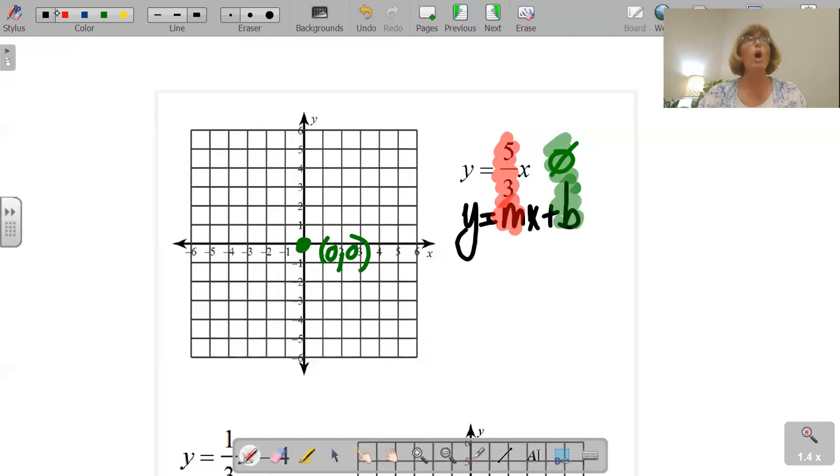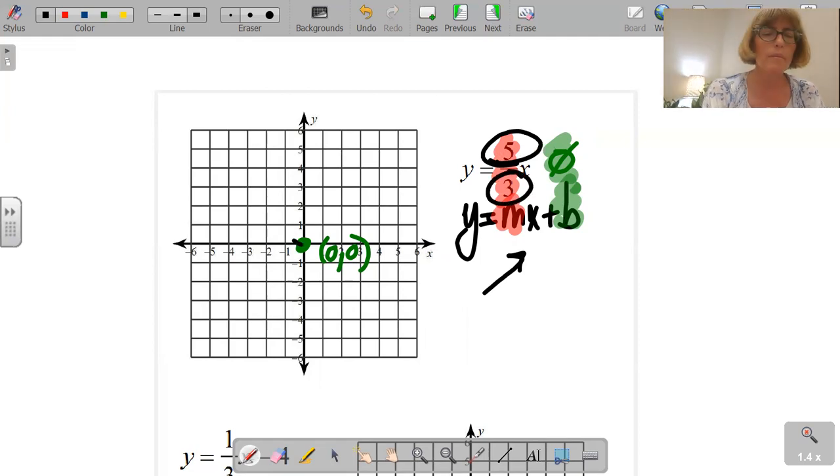And my slope is positive, which means I'm going to go up from left to right. So I do a little baby sketch here, left to right going up. And my rise is 5 and my run is 3. Or I can go down 5, over 3 this way, get the same answer.